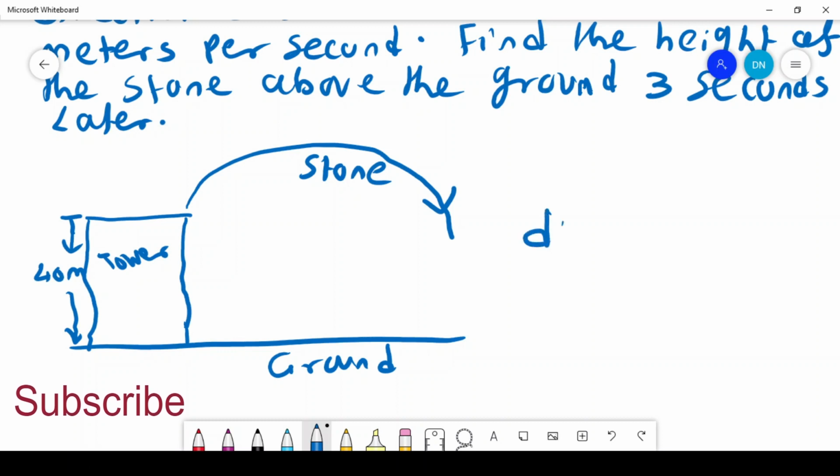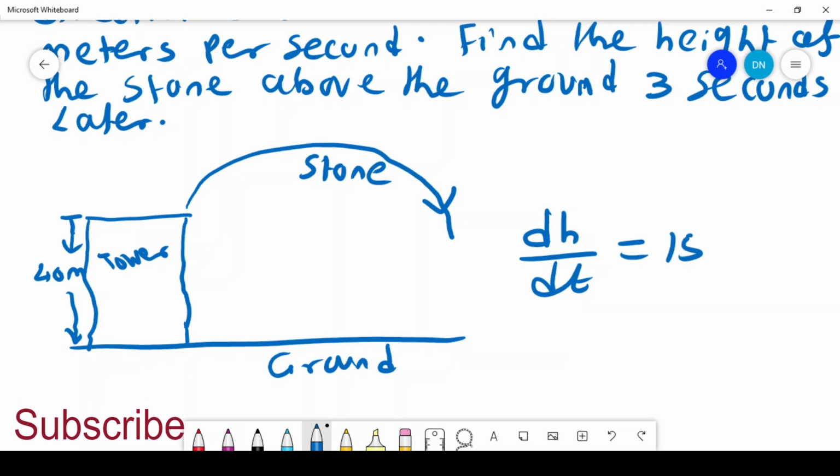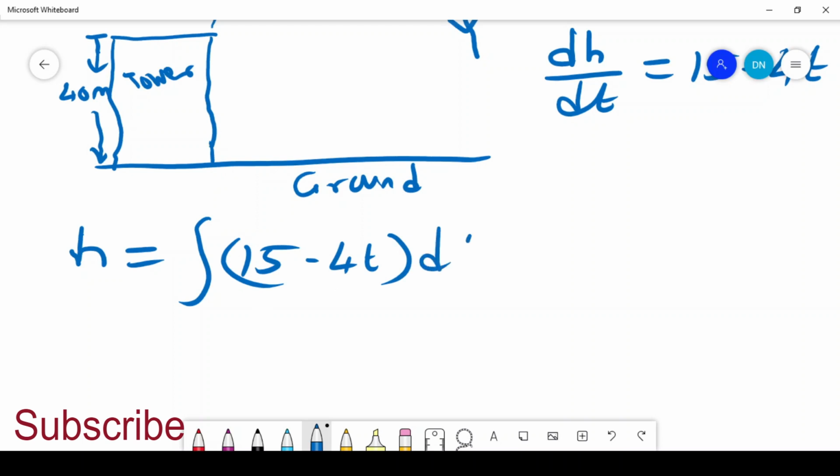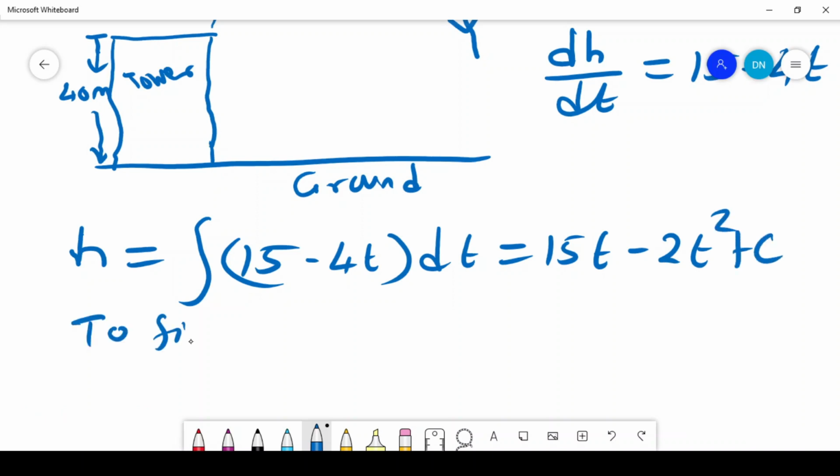What you have been given is dh/dt, and we are told it's 15 minus 4t. To get h, which is the integral of 15 minus 4t dt, which is 15t minus 2t squared plus c. What do we know?